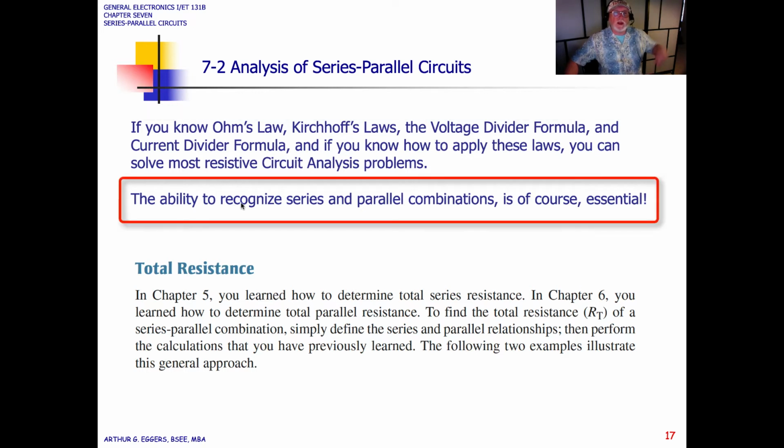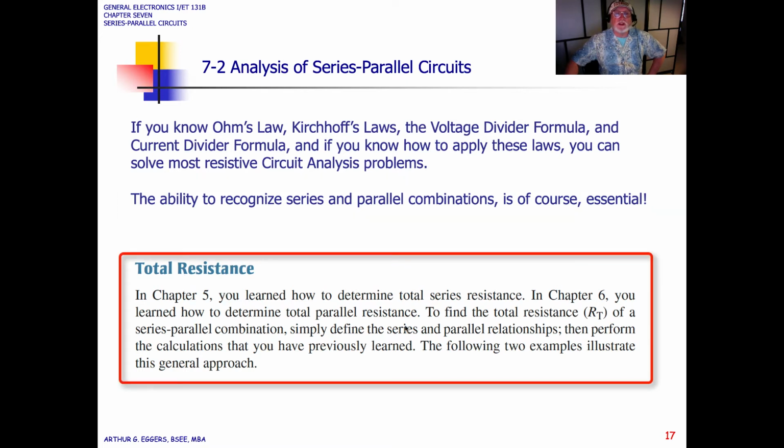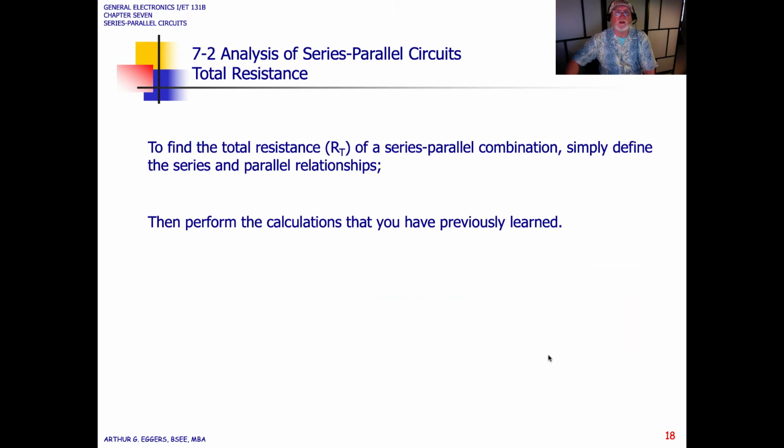The ability to recognize series parallel combinations then is, of course, essential. So in determining total resistance, you learned how to determine total resistance in previous chapters. In 6, you learned how to determine total parallel resistance. So to find the total resistance, R sub T, of a series parallel combination, you simply define the series parallel relationships, then perform the calculations that you've previously learned.